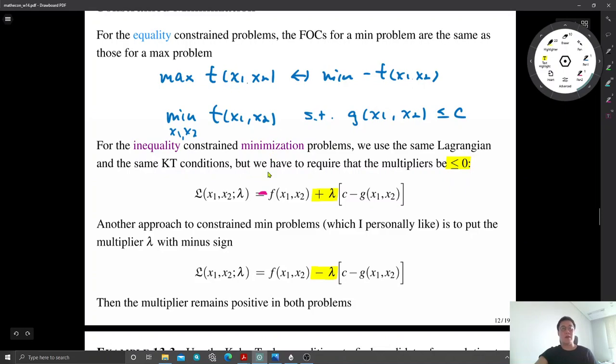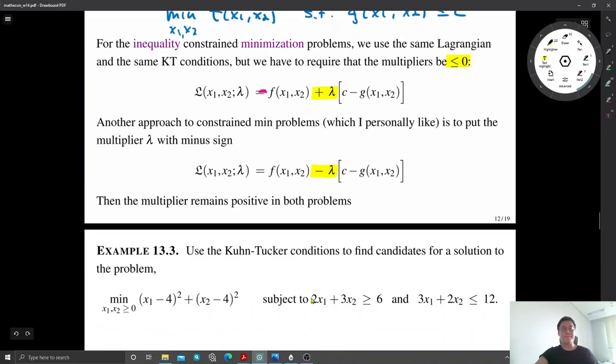Then you can solve the given minimization problem. Or you can change the sign of the multiplier, so this plus sign in the maximization problem to minus. And one advantage of this last approach is that now you don't have to worry about the sign of the multiplier. The multiplier remains positive in both problems.